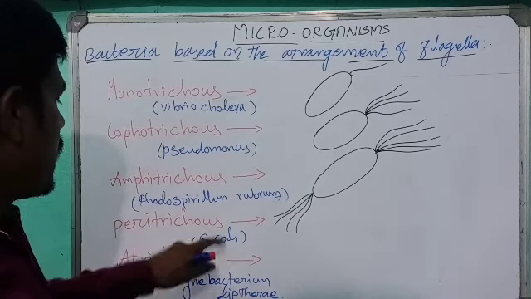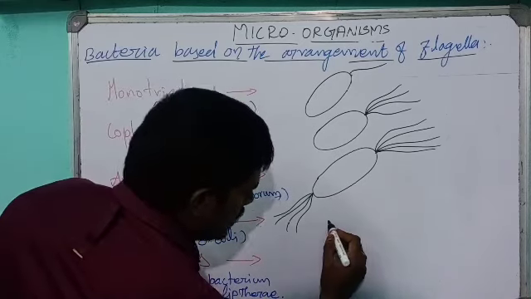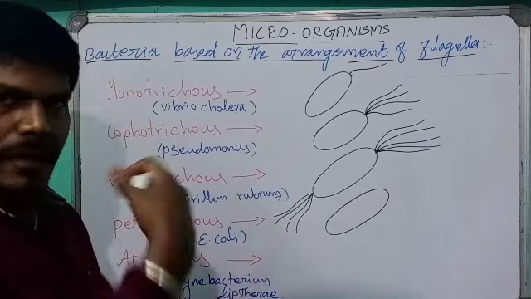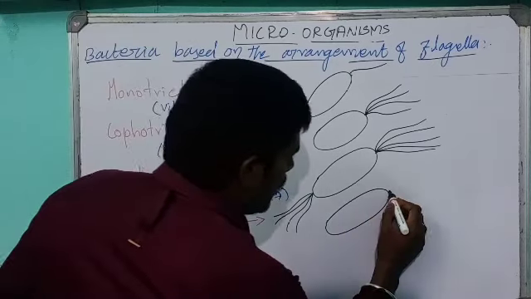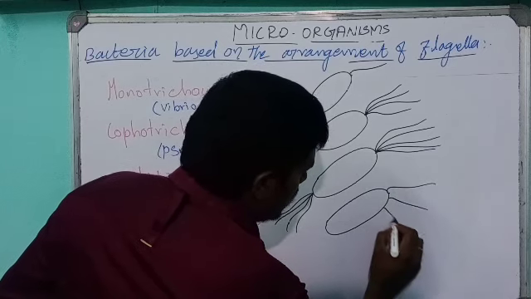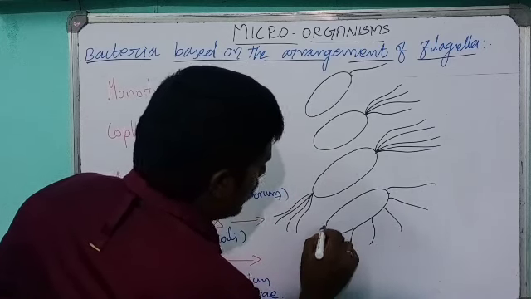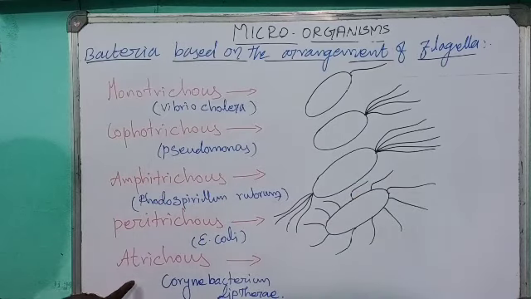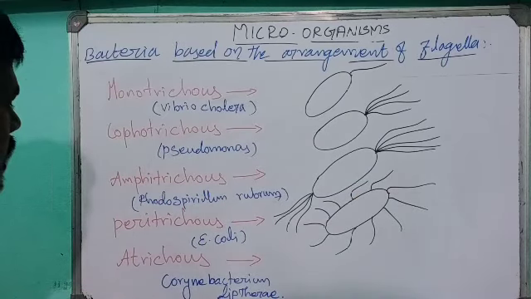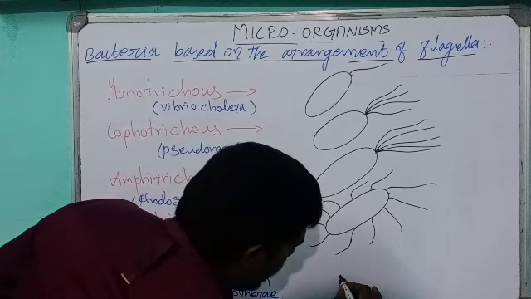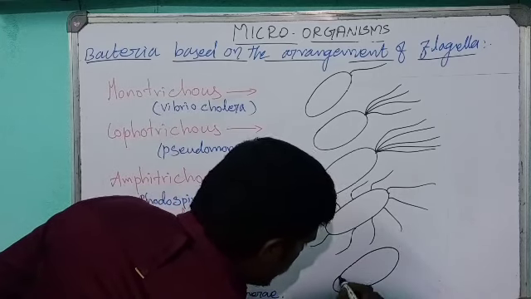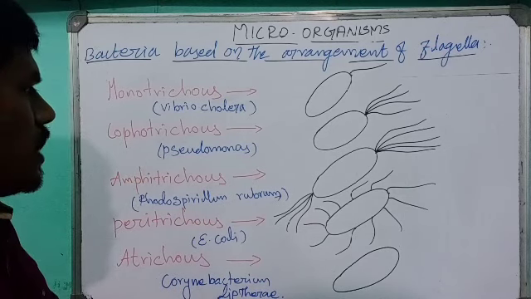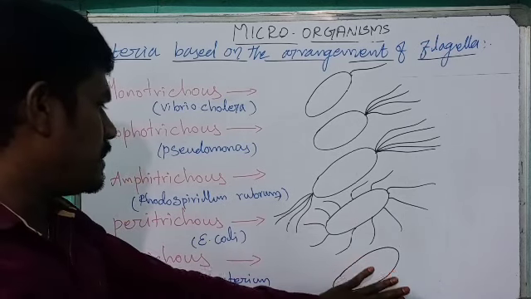And then Peritrichous. Peritrichous means the same thing, but the entire body surface of the bacterial cell has flagella. That is called Peritrichous. And then Heterotrichous. Finally, in this type the bacterial cell does not have any external surface structure, no pili-like or flagella-like structure.